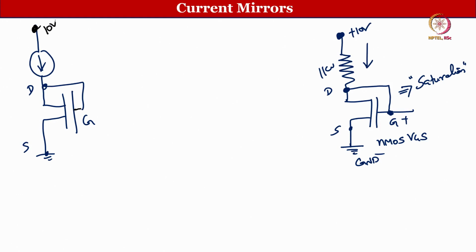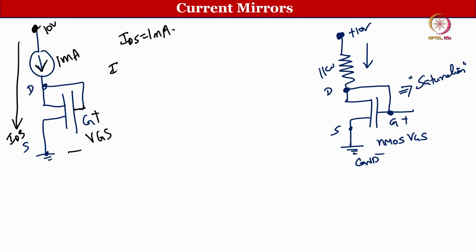Now, let us say this current source is around 1 milliampere. When it is connected in series with this transistor, which is connected to be in saturation, it develops some voltage VGS, let us say 2 volts or something, and the current that is flowing through is IDS. Now, this IDS is going to be 1 milliampere.